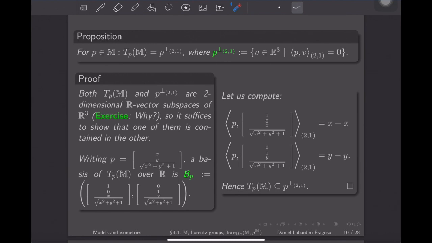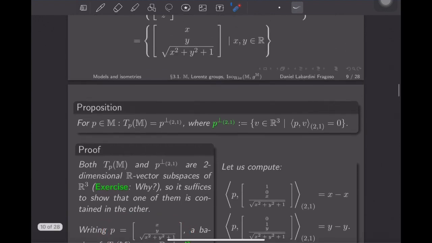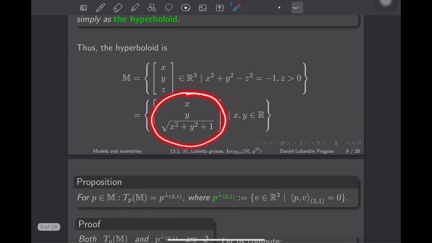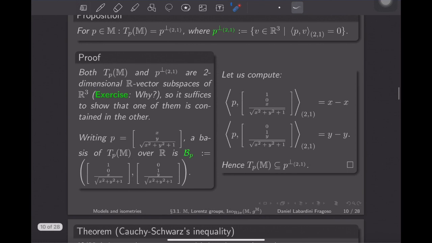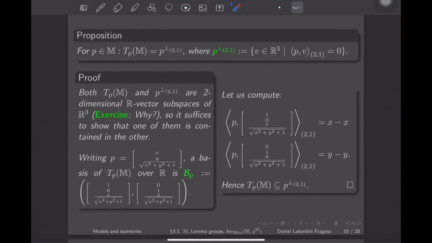Okay. And so knowing that they both are two-dimensional, in order to prove that they are equal, it suffices to show that one is contained in the other. So I write my point P, as I said before, as a point in the graph of this function. Why?